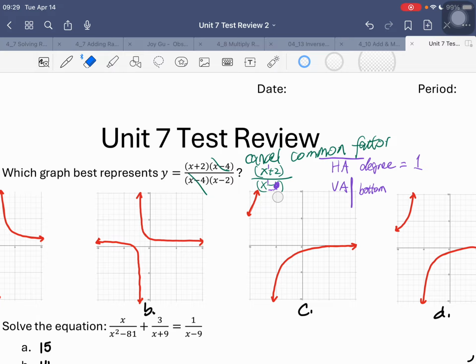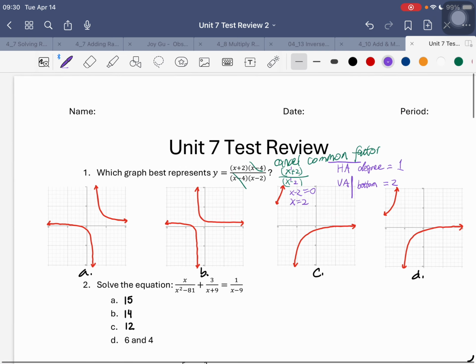So when the bottom is x minus 2, how can I make x minus 2 equal 0? It is when x equals positive 2, or we can simply flip the bottom to become positive 2, and the vertical asymptote from up and down is at 2.